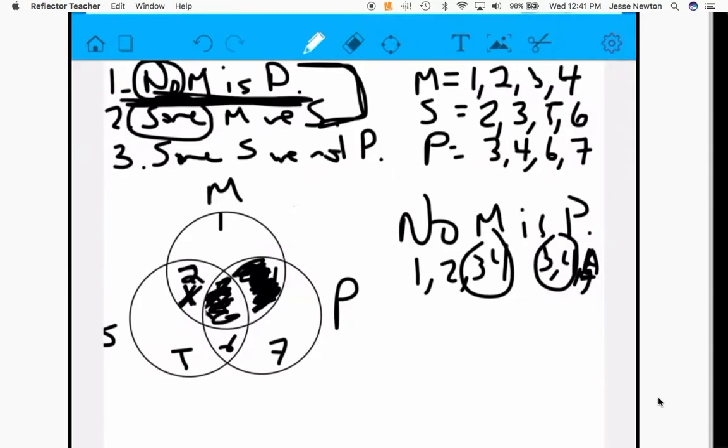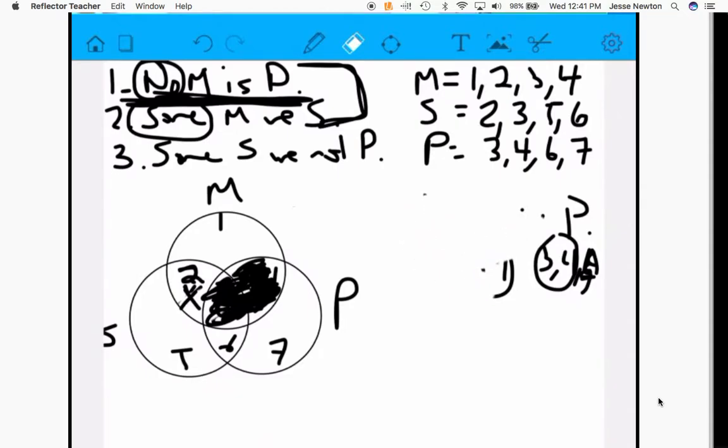Had we started with this one, we wouldn't have had to come down here and erase and then move the X over here. I mean, logically nothing has changed by doing that. Everything logically is the same, but from a practical standpoint, it makes more sense to shade in all the regions first, so then you don't have to erase stuff and then move X's around. Okay? So that's what the slide earlier was about. It didn't make a lot of sense.